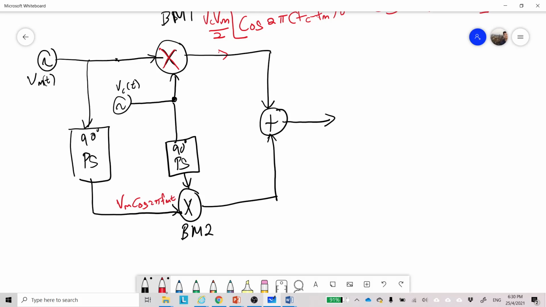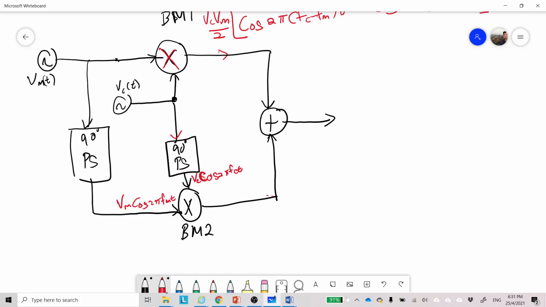Okay, and here the carrier also will be shifted 90 degree. So over here is Vc cos. Okay, sine becomes cos. So a 90-degree phase shift for the sine function will produce the cosine function cos 2 pi FCT.